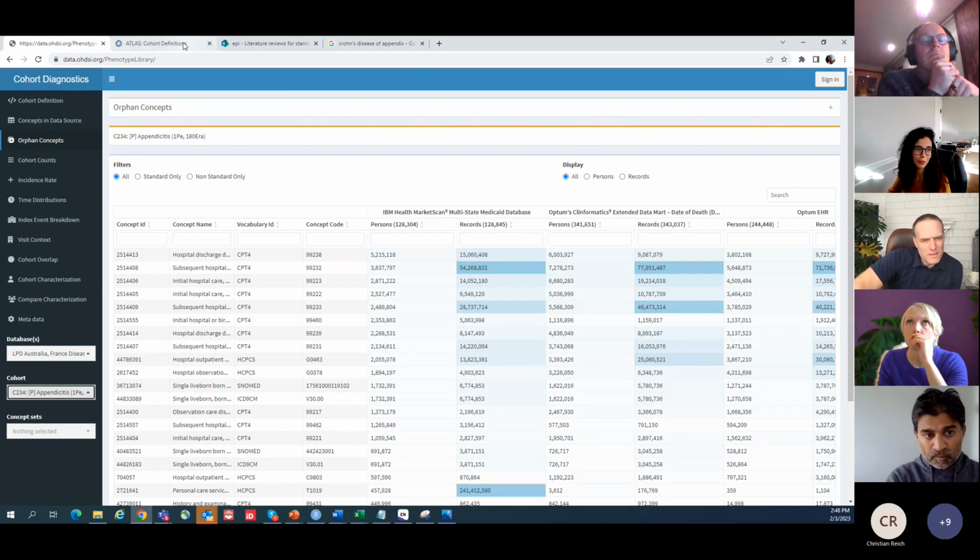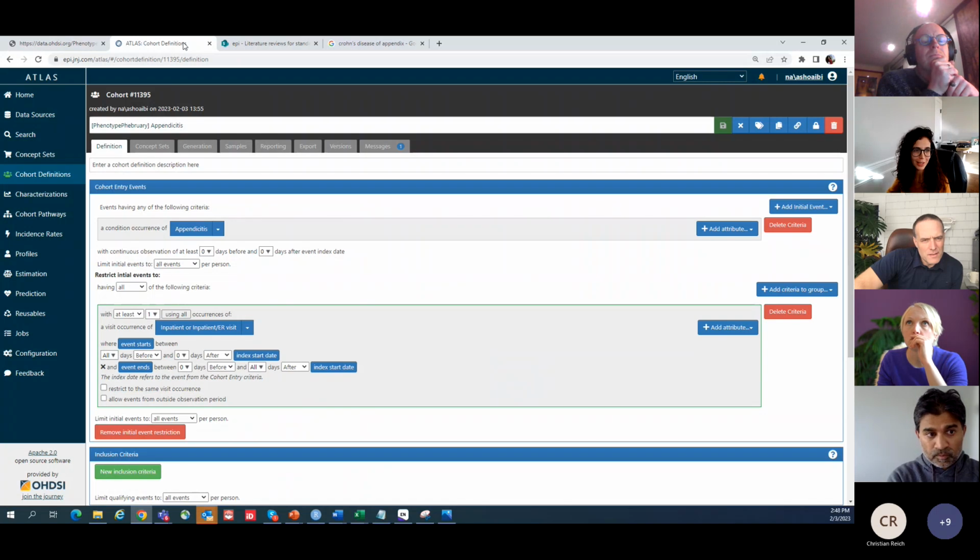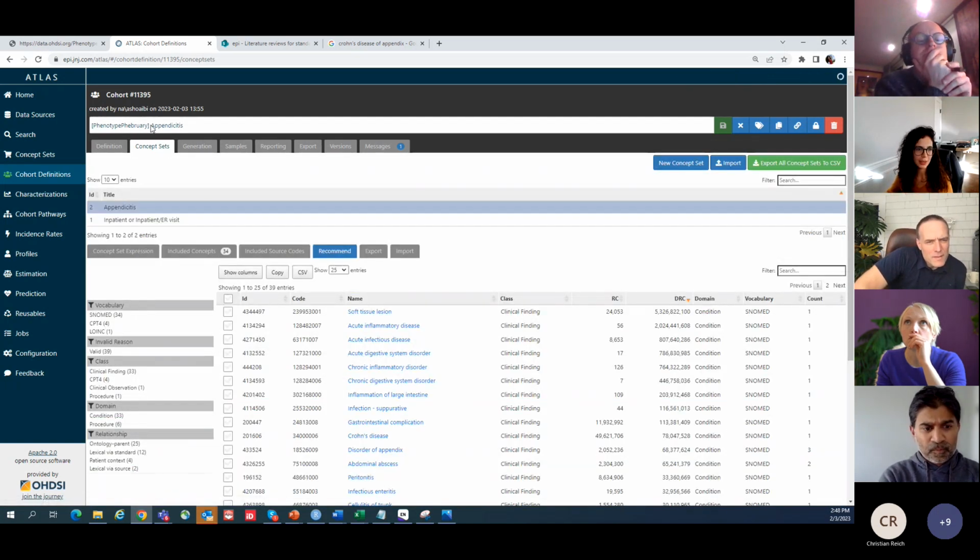A better version of this ability, from cohort diagnostics, is what we now have in Atlas, which is Phoebe 0.2, thanks to Anna. Now we have Phoebe in our Atlas. So as a peer reviewer, I can take his definition, this is his concept set, and push it into something called recommended, which in that case is Phoebe 0.2.